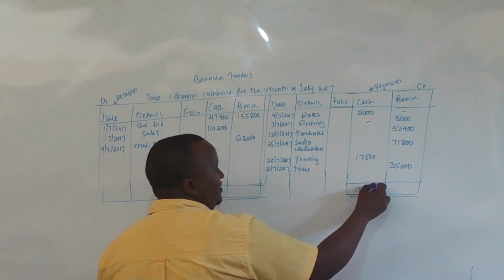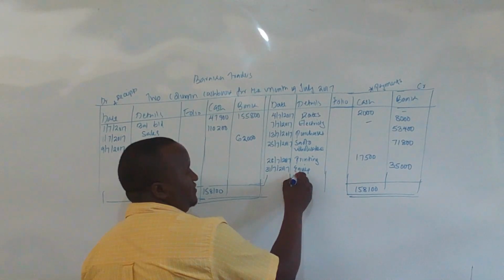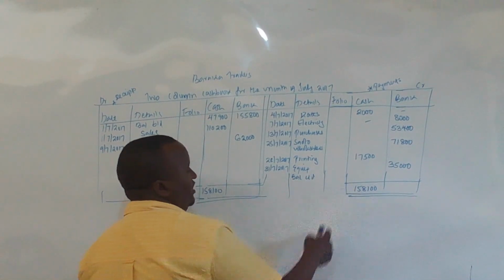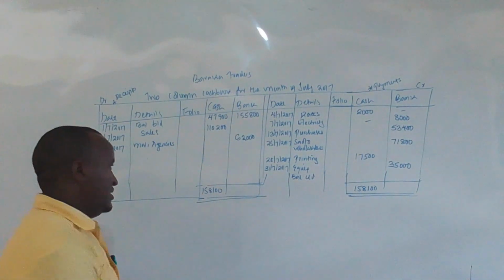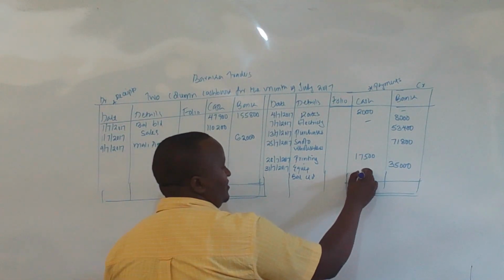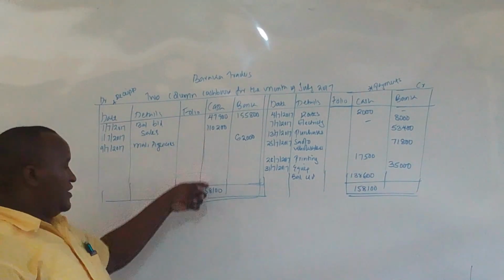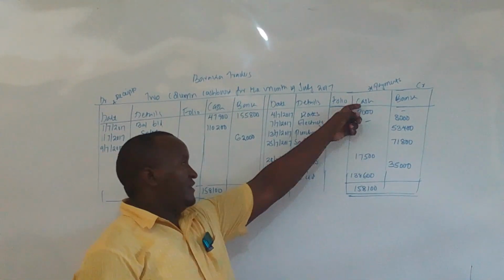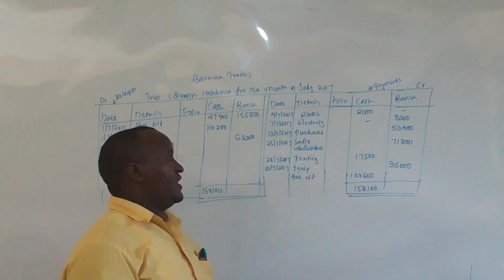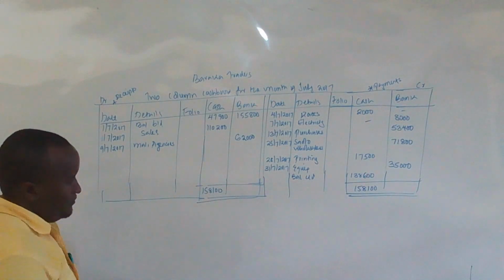So it is 19,500. When you minus from 158,100, you get a balance of what? 138,600. We received a total cash of 158,100, we paid 19,500. So in hand we have 138,600.